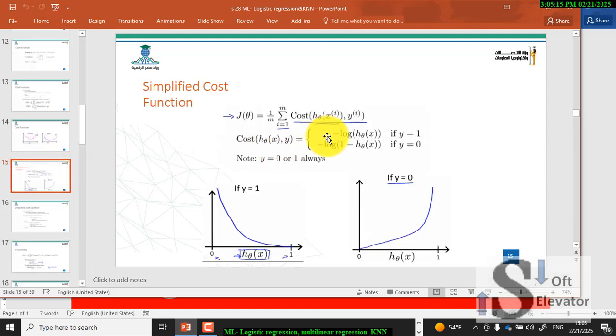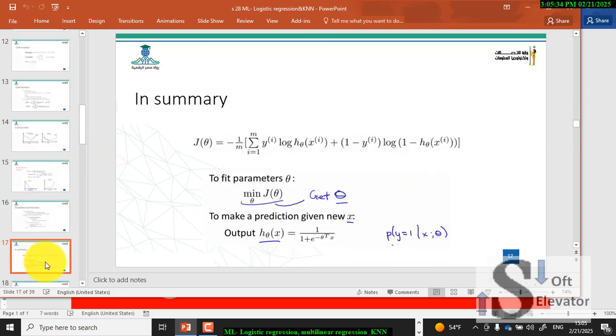We sum these two equations, but know that if y equals 1, we have this part. If y equals 0, we have this part. So this is a summation of the two sides.